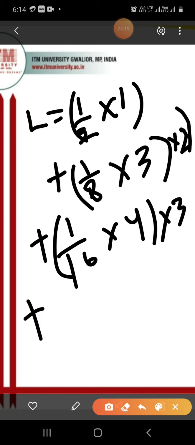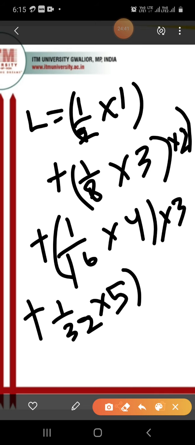Similarly, plus 1 by 32 into 5 bits per code word, for 2 messages, M7 and M8, so it is multiplied by 2 also.